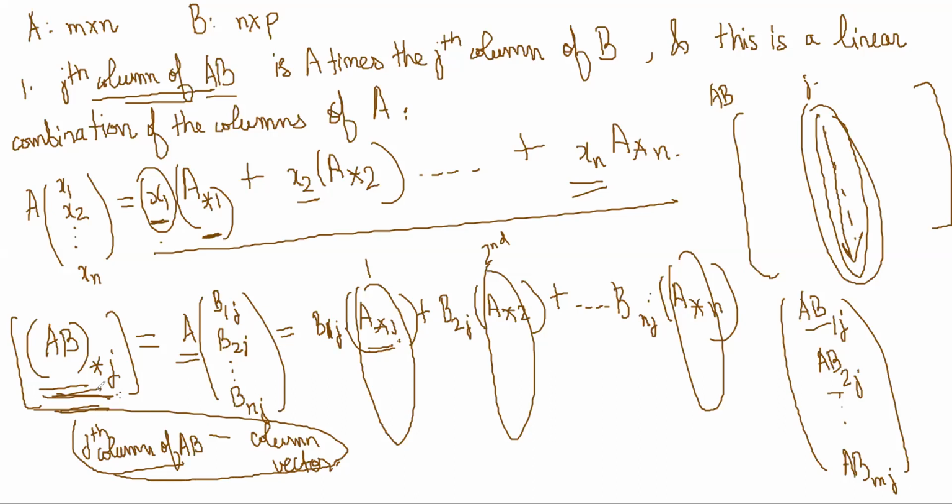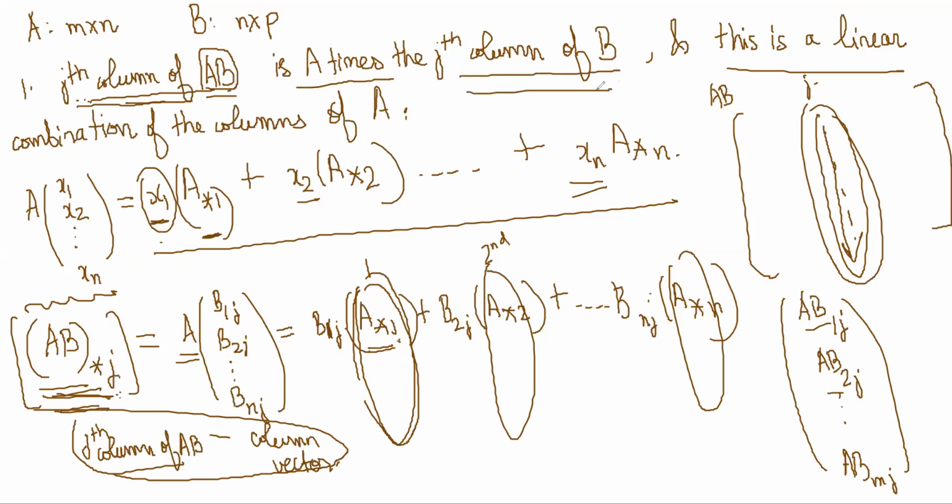Basically, what I'm saying is the product matrix AB's columns are linear combinations of the columns of the A matrix. The jth column of AB is A times the jth column of B. And what is the meaning of that?